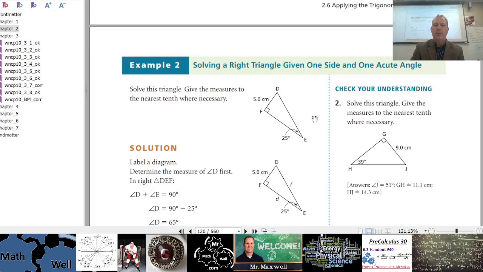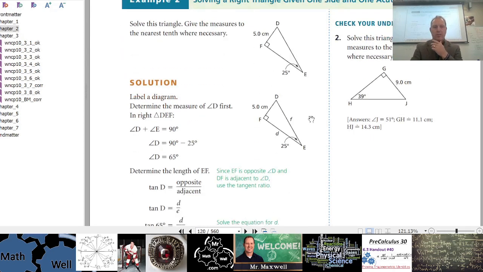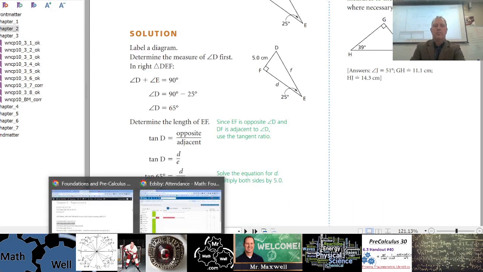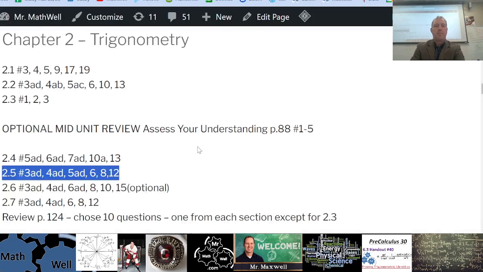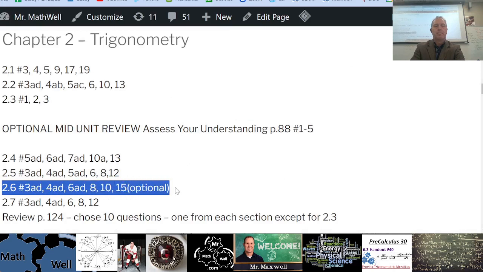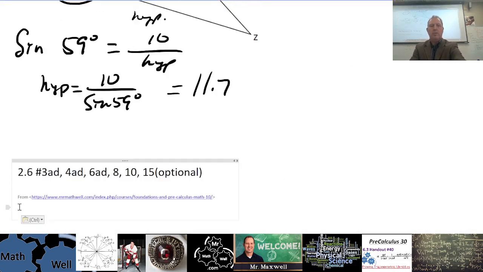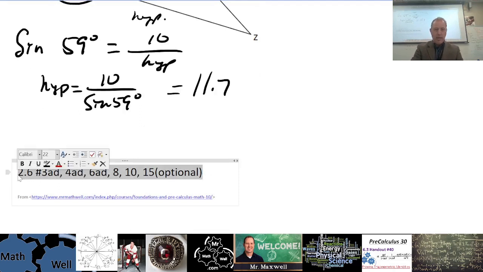Okay, I tell you what, I will let you look for a minute in your textbook for example 2 and their solution, and then we'll go check out some of your homework. There's the homework. So I'm going to drop that on you right now. 2.6, right? Yep. Let's make that a little bigger.